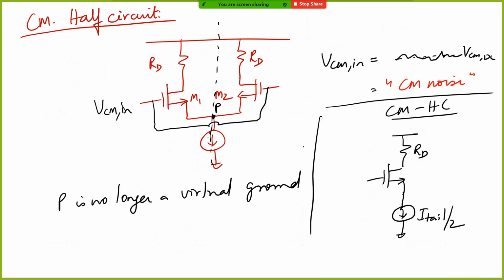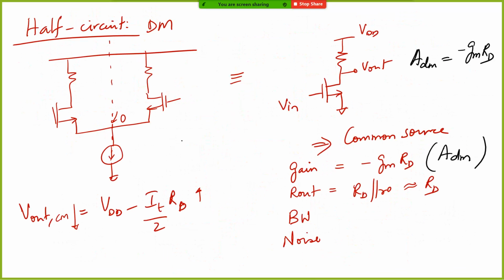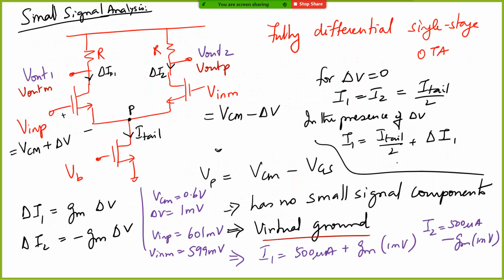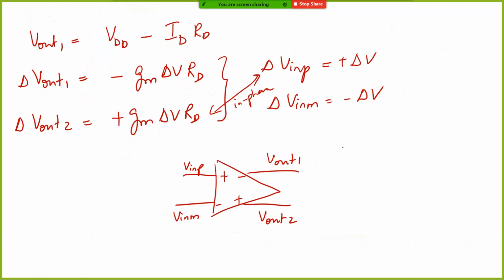Now you can look at it a little intuitively also for the differential mode circuits. Let me just go back here. You correctly pointed out that delta I1 is Gm delta V and this is minus Gm delta V, and we wrote that delta V out 1 is minus Gm delta V times RD, delta V out 2 is plus Gm delta V times RD.